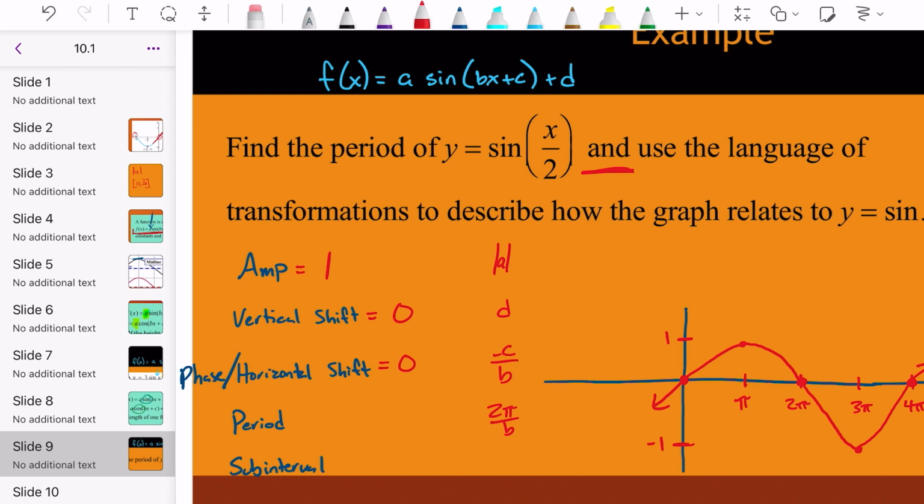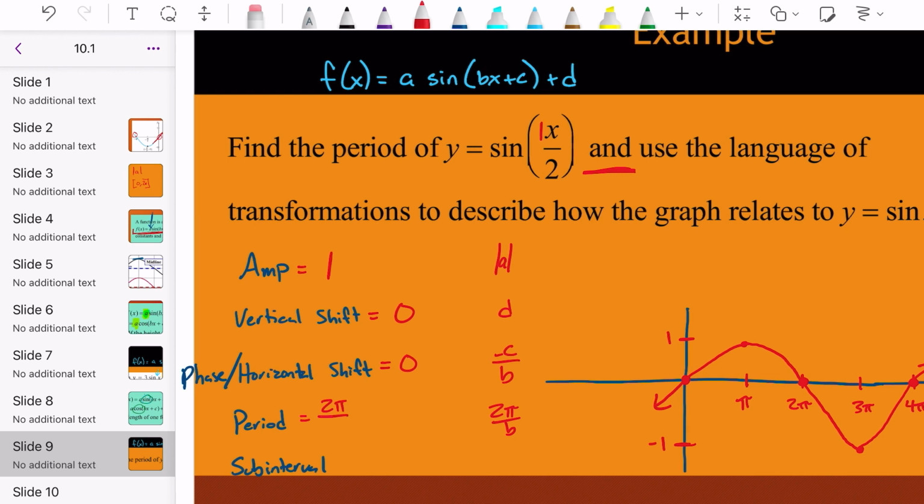So in this case, we are looking at 2 pi, and our b, keep in mind, is 1/2. We have the 1 in front of the x over 2. So when we go ahead and solve that, that would actually give us 4 pi as our period.